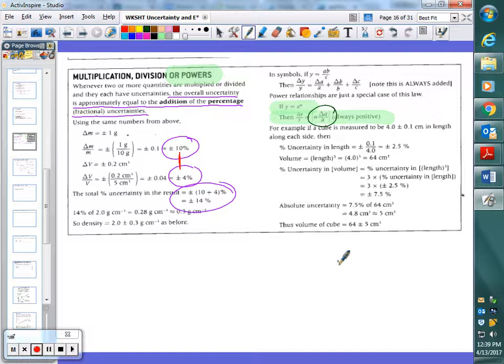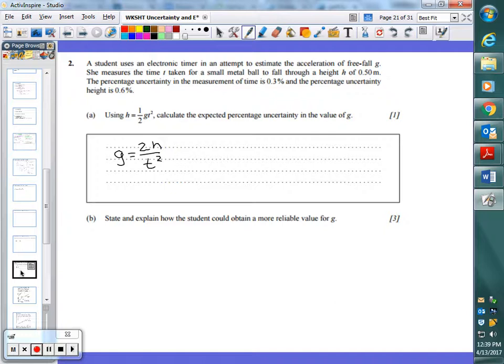So in this case here, we know that the uncertainty in time is 0.3%, and we're taking time to the second power. So that uncertainty there, we're just going to multiply that like this. So the uncertainty in this entire mathematical operation is 0.6%. Okay?